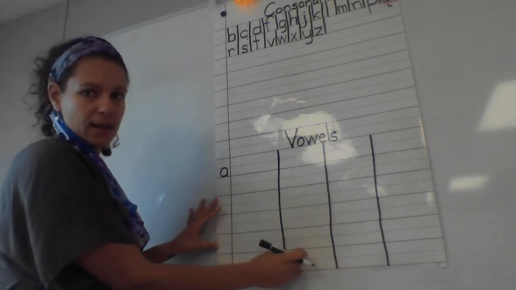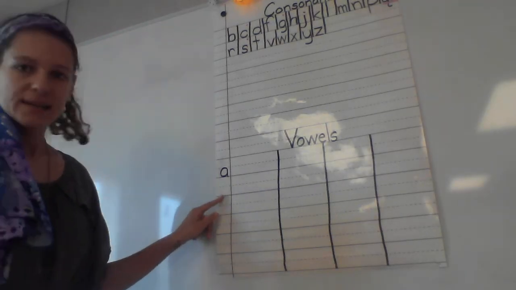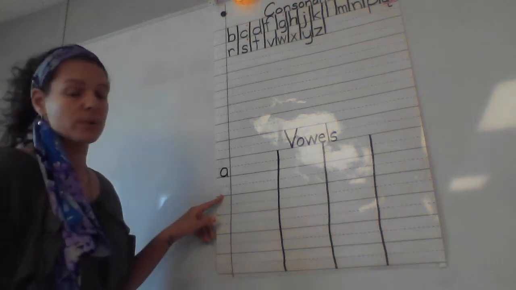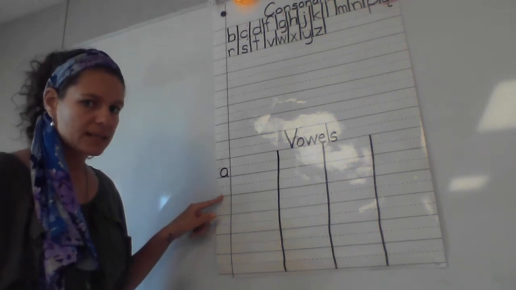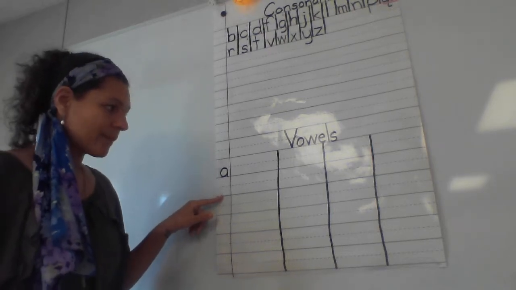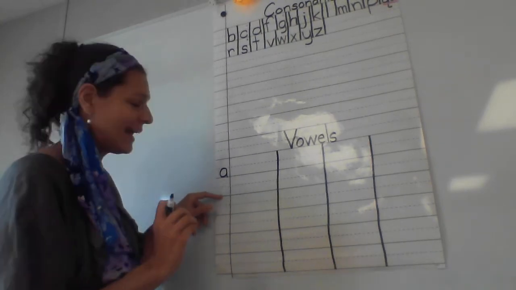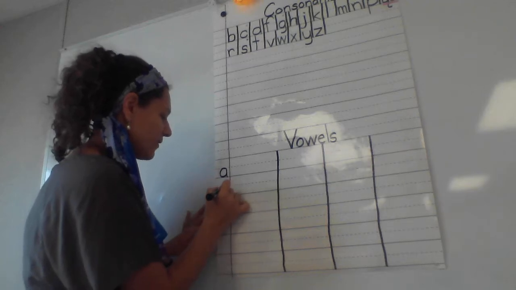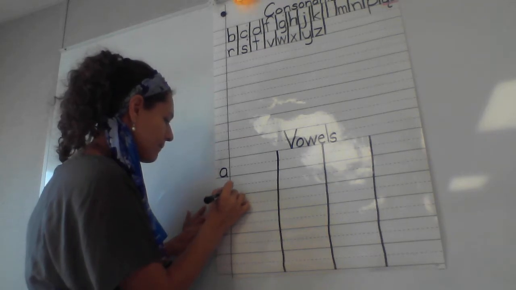All right, what is the next sound that when we were going through our consonants, we said, oh, that's not a consonant, that's a vowel. Tell me if you remember. Good, it's our e. All right, so right here, I'm going to write an e.